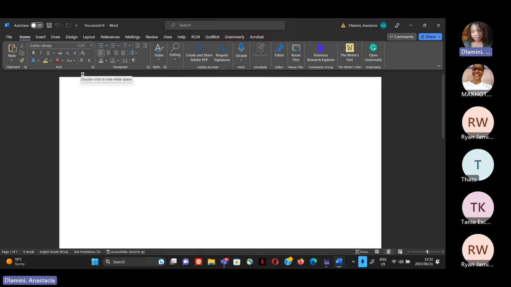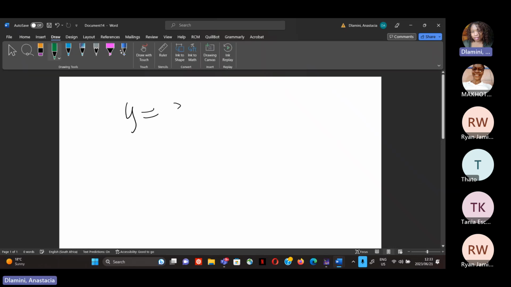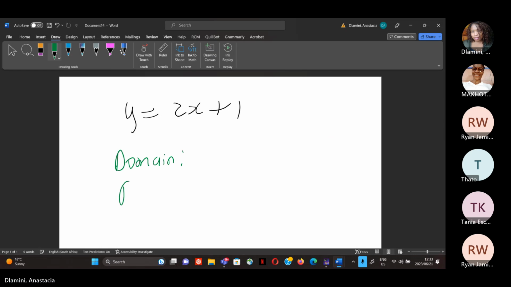There's something very important that I did not look at, especially for a straight line. y = 2x + 1. Give me the domain and the range of this function. Come on.